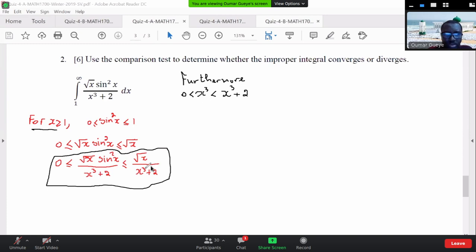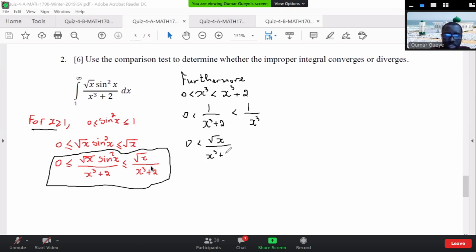Take the inverse because this is the bottom. I'm going to get 1 over x cubed plus 2 going to be less than 1 over x cubed. And I multiply, you guys can see, I'm just going to multiply by root x. If I multiply by root x, I'll get root x over x cubed plus 2 less than root x over x cubed.